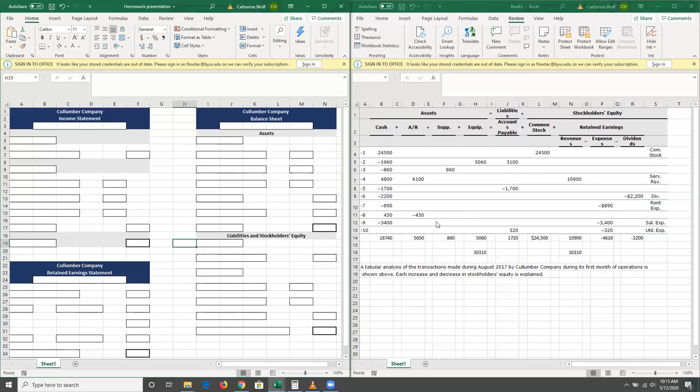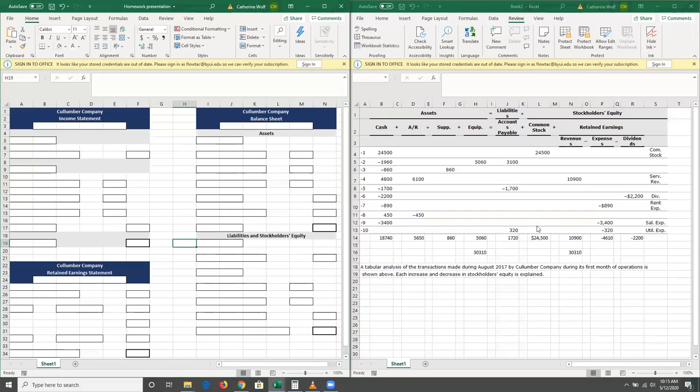Now you have employees, so you have to pay a salary. And right here, it shows that you are paying salary expenses of $3,400 from your cash. And the last thing you have to do is pay your utilities expense. But right here, you decided to pay it later, so you have an accounts payable for $320, and that shows right here.